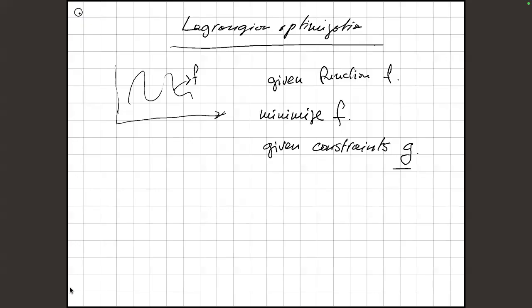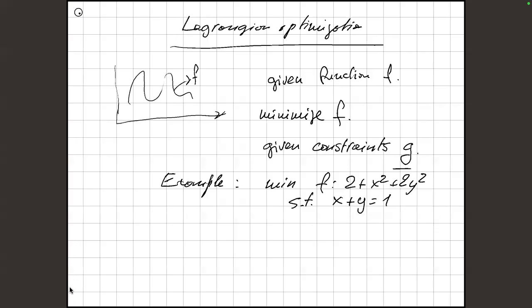For example, just a visual example: minimize f equals 2 plus x squared plus 2y squared, such that x plus y equals 1, and this is your g. So this is the constraint.